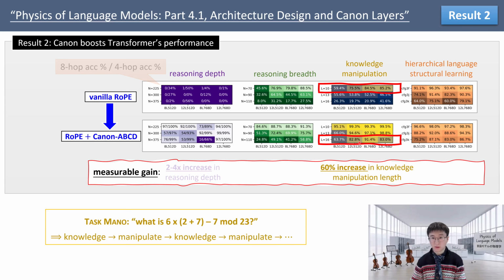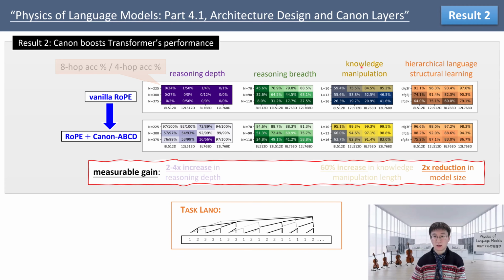The numbers look almost identical to this row, which is now 16-hop reasoning. So therefore, you're essentially having a 60-time increase in terms of the knowledge manipulation length. That is the number of hops that you can manipulate knowledge. So this is also a solid increase in terms of your reasoning capabilities, in terms of knowledge manipulation.